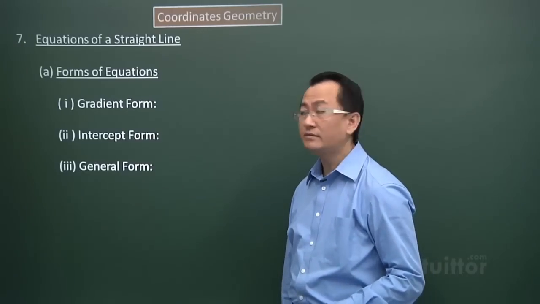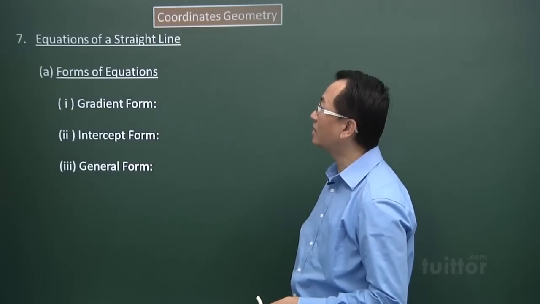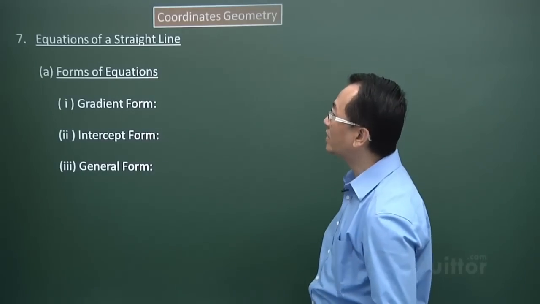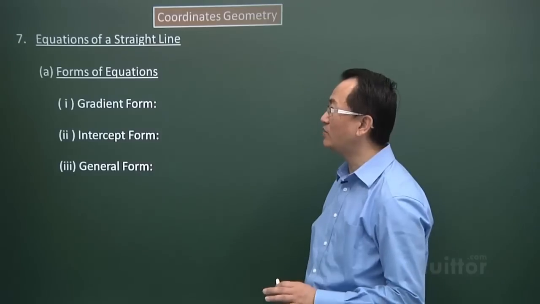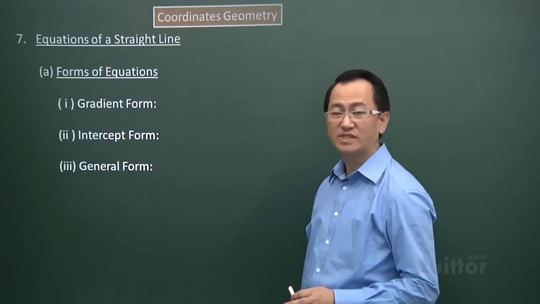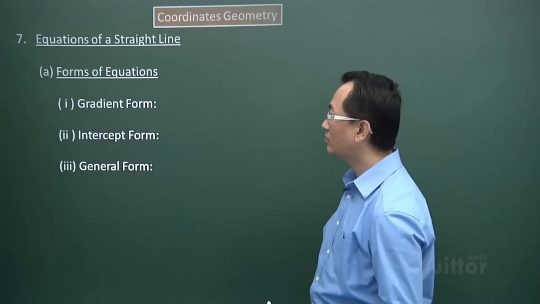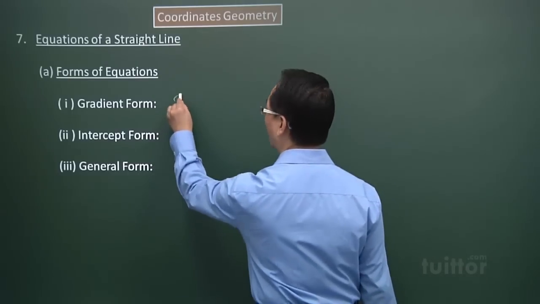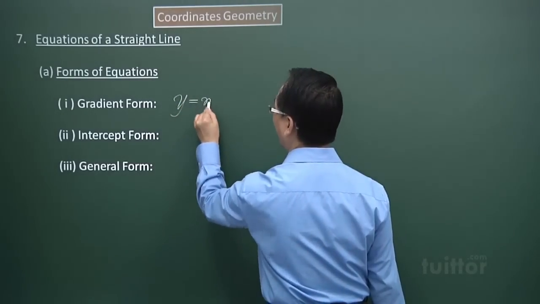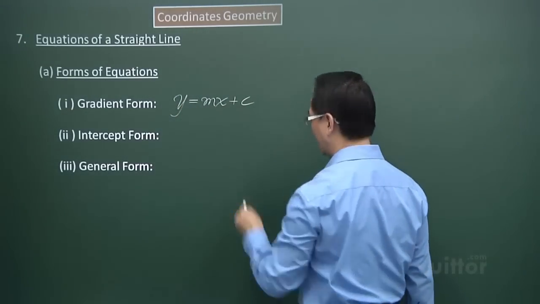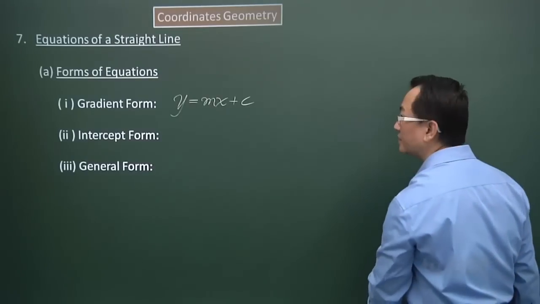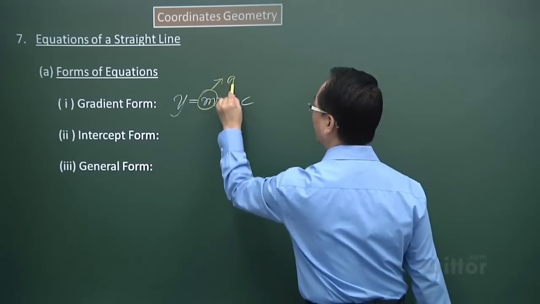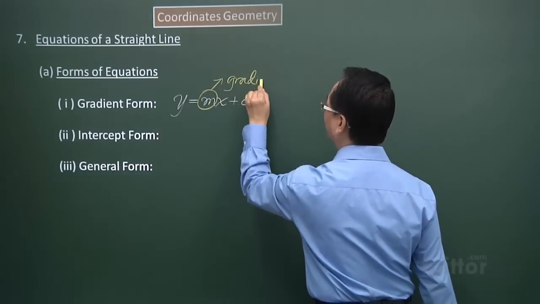For point 7, we look at equations of a straight line. I put down equations of a straight line because there can be many forms that I can present. For point 1, gradient form, you will have y equals mx plus c, where m is the gradient of the line.